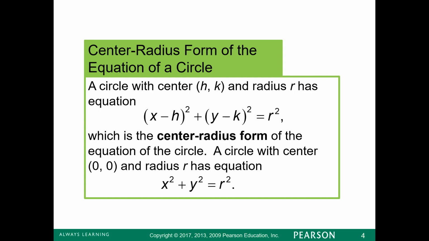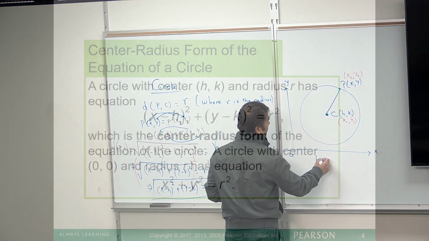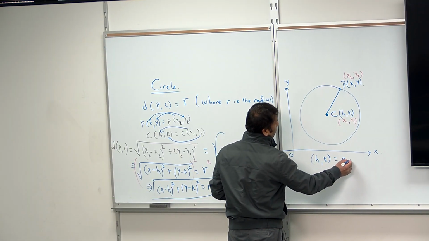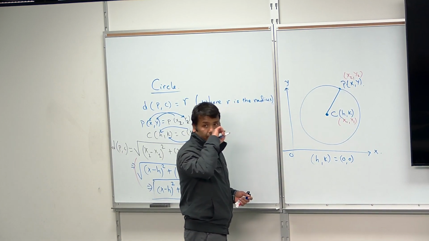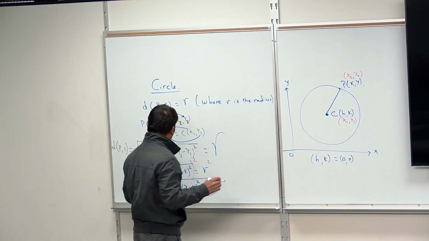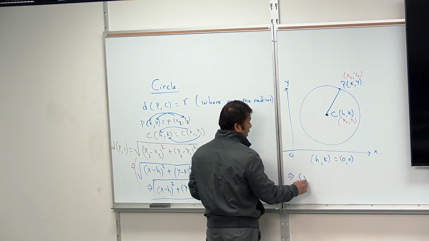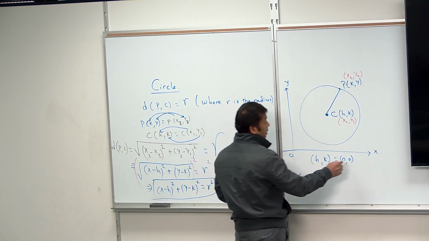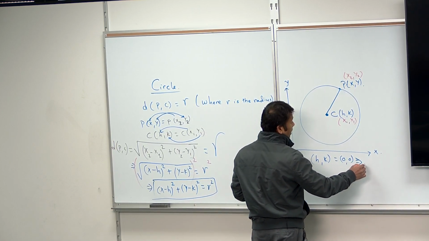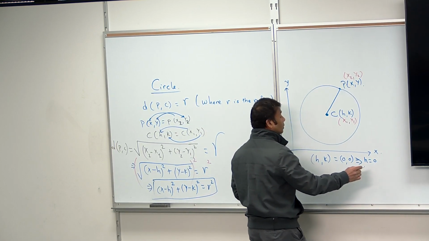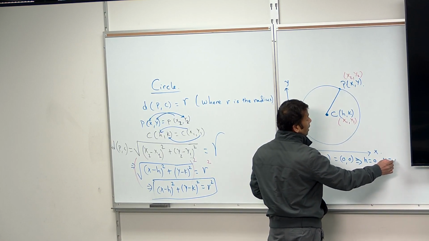Did you get it? Now, if the center is (0, 0), so that means (h, k) is going to be what? (0, 0). So what would this be? You plug in: (h, k) equal to (0, 0) means h equals 0 and k equals 0.